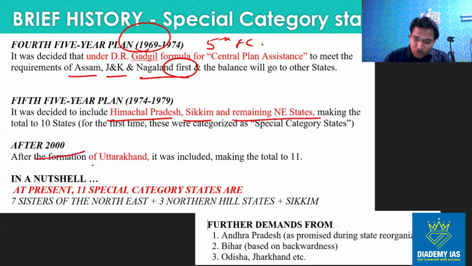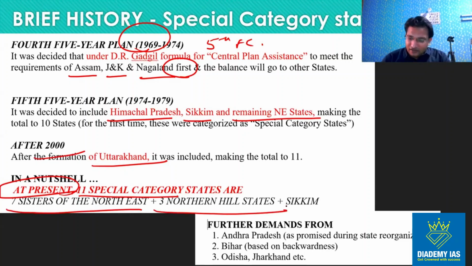In 2000, we also included Uttarakhand. So at present, there are 11 such states: the 7 sisters of the northeast, 3 northern hill states, and then Sikkim. Now there are further demands from Andhra Pradesh, Bihar, Odisha, as well as Jharkhand.